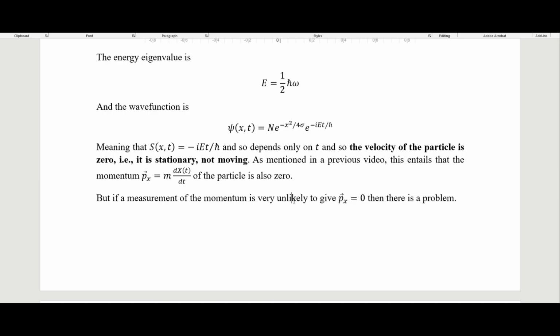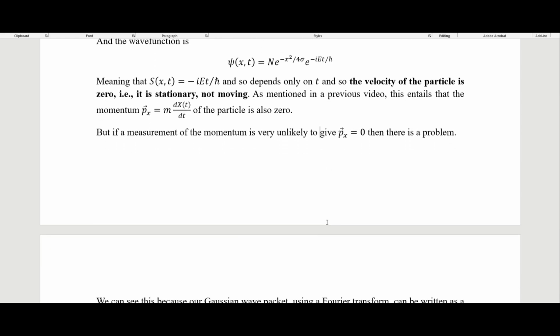That seems to pose a problem, because this tells us that the particle is not moving, yet if we took a measurement, the likelihood of it moving would far outweigh the likelihood of it having a momentum of zero.